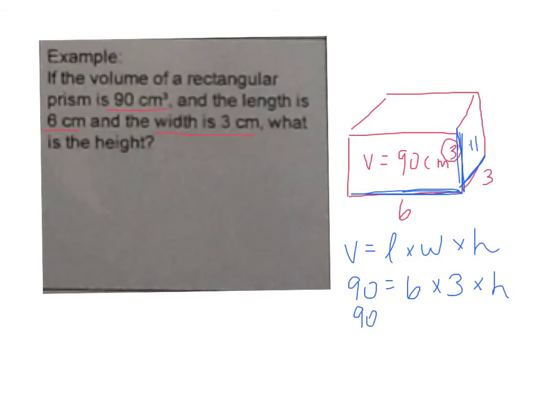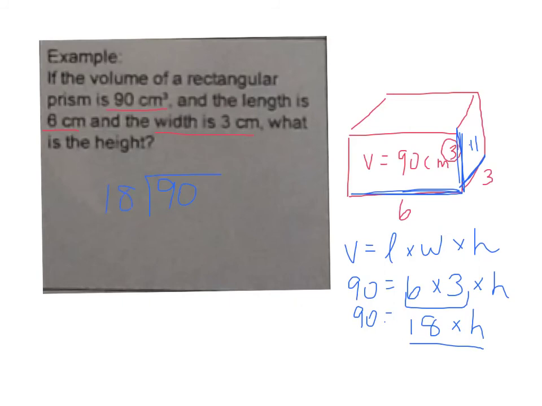Again, I've got 90 equals 6 times 3 is 18 times height. So I know that something times 18 equals 90. Using fact families, I can do the opposite of multiplication, which is division. So 90 divided by 18.